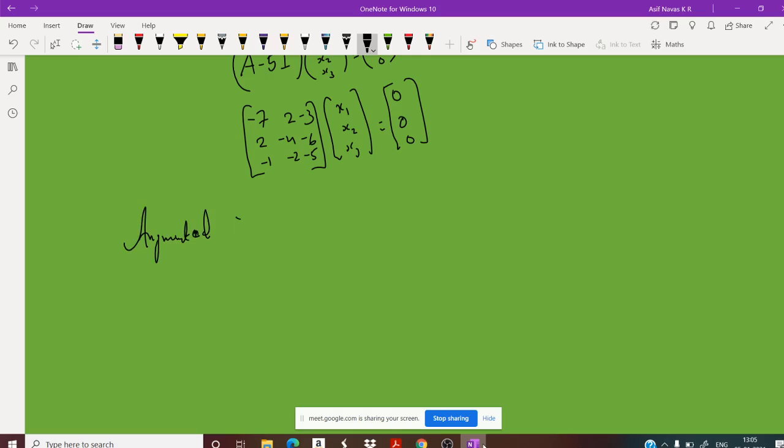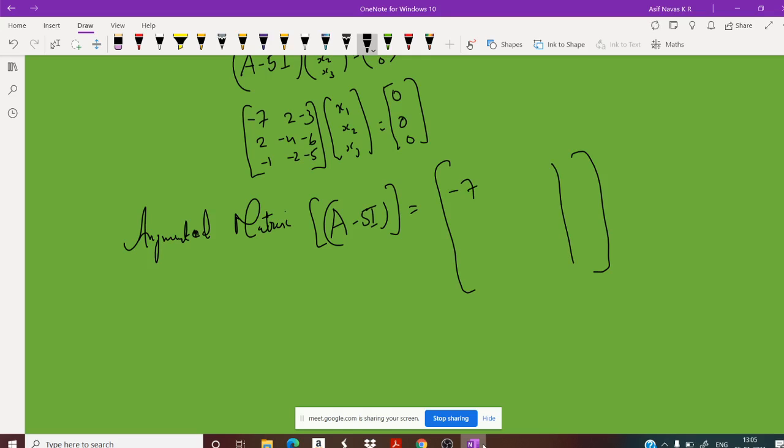The augmented matrix of A minus 5I. So what is the augmented matrix? Minus 7, 2, minus 3, 0.